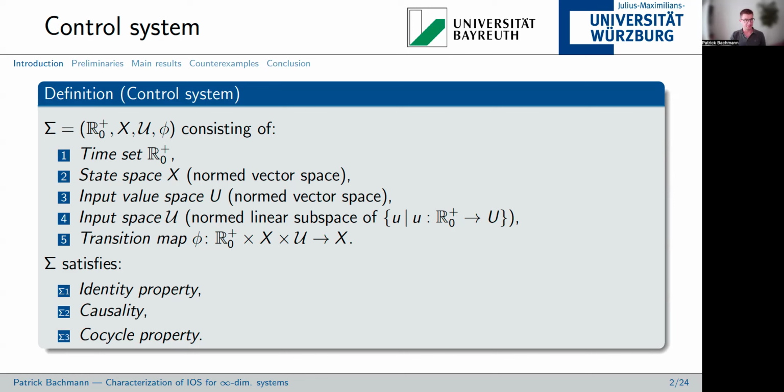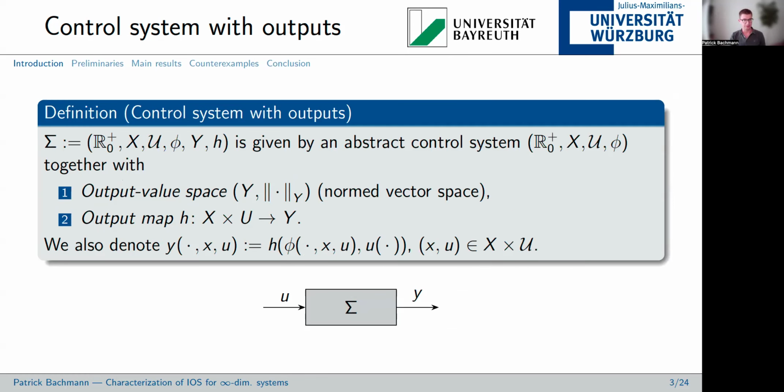For this control system, we now define an output. This is something that is also very common, but not in nonlinear stability theory, where usually ISS is treated. We generalize ISS by now allowing output maps. What is added here is an output value space and an output map.